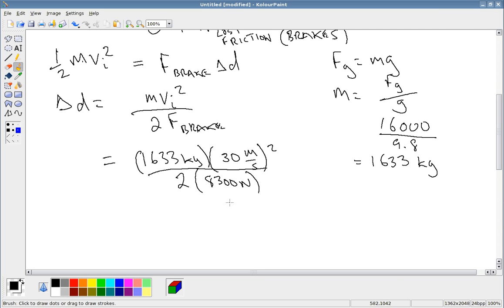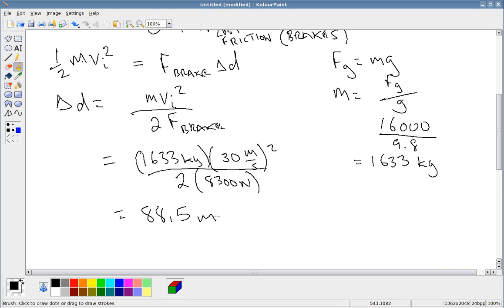And that's going to give us 88.5. So that's our answer. 88.5 meters. That's how far the truck in this case will slide before it comes to a stop.